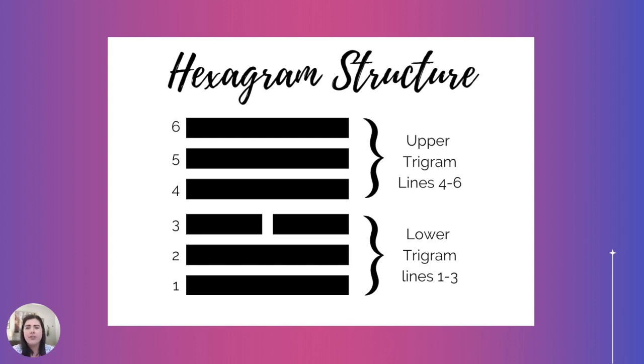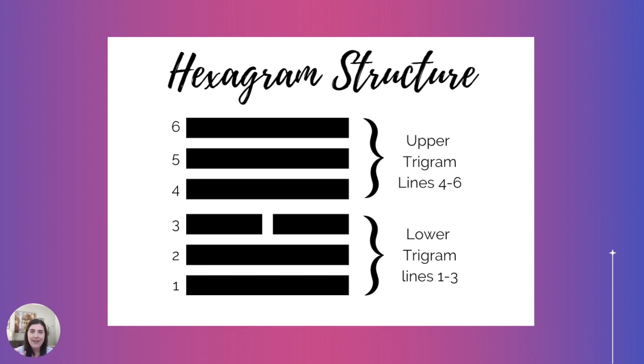So let's go through each one of the lines and talk about the overarching theme. So the first line is your foundation line. All first lines are foundational lines of that specific gate, but that is the overarching theme of first lines. Foundation. All right.